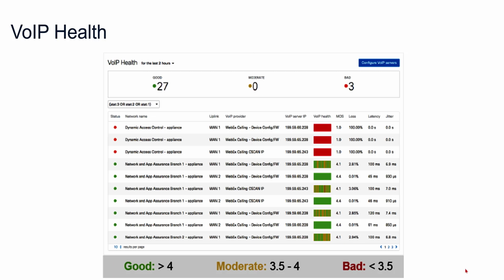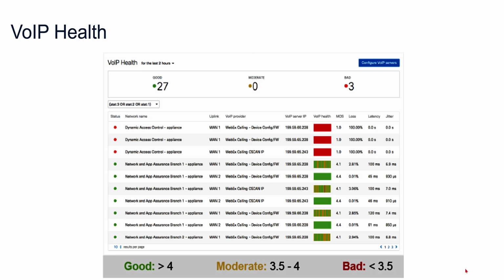So VoIP Health is actually part of Meraki Insight. It's monitoring and measuring call quality across every path from your network to the VoIP servers. That includes your ISP uplinks, your WAN paths, any path that you might have to a SIP provider or a PBX. So instead of guessing, we're getting quantifiable voice quality metrics.